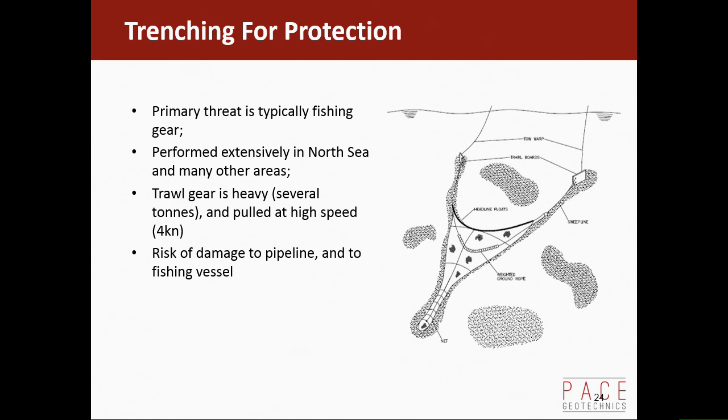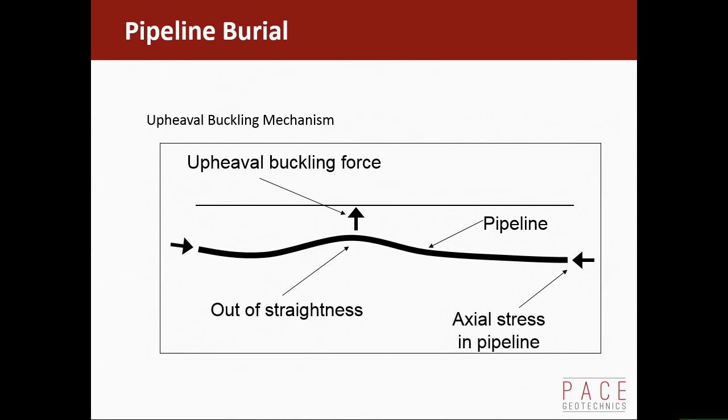And they're pulled at fairly high speed, 4 knots, which is about, give or take, 8 miles an hour. So it's like somebody running, if you like. That would potentially damage a pipeline, particularly a small diameter pipeline, because inherently a small diameter pipeline will have a thinner wall thickness and a lower I value, etc. So there is quite a risk of damage.